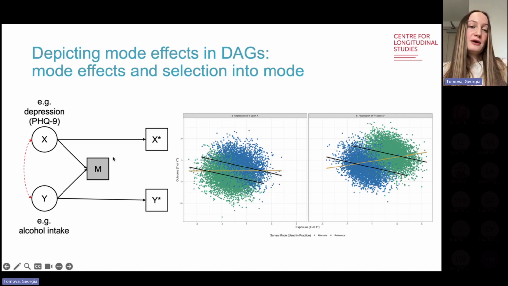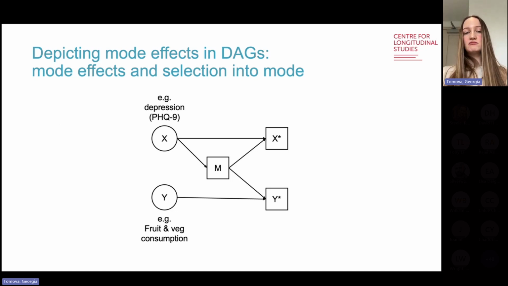So if you now know about collider bias, you might think, okay, I need both of these to be related to mode so that I have this collider structure where they both collide into mode. But what if in my example, only one of them is related to mode? Am I safe in a case like this, where we assume that fruit and vegetable consumption on its own will be unrelated to the choice or selection of a certain mode?